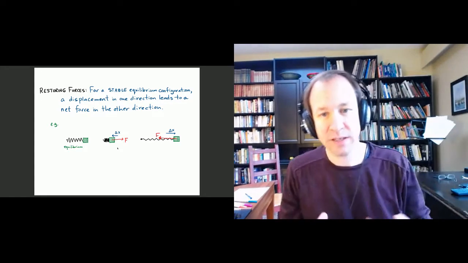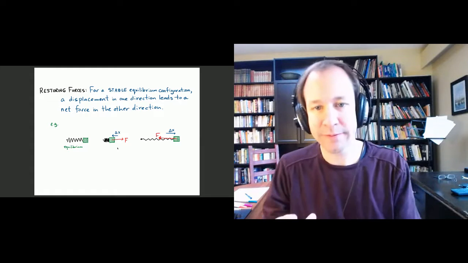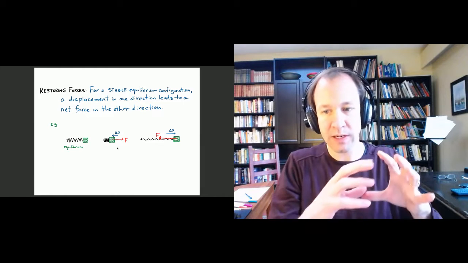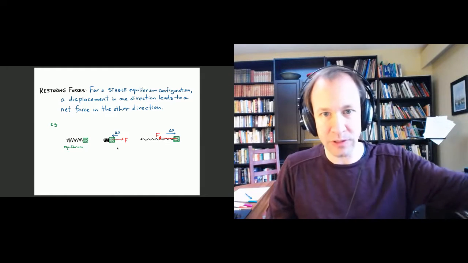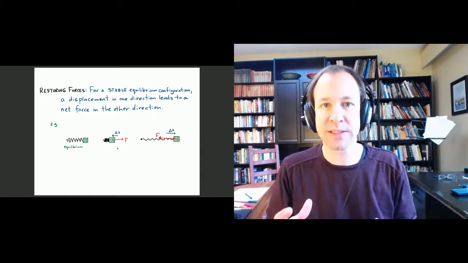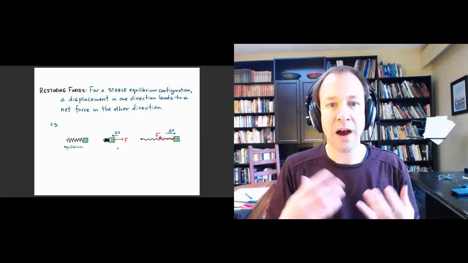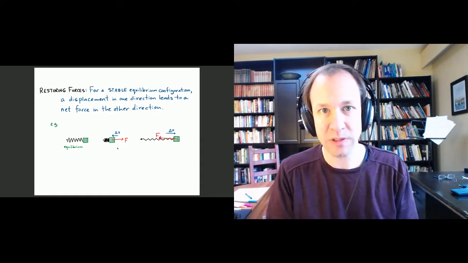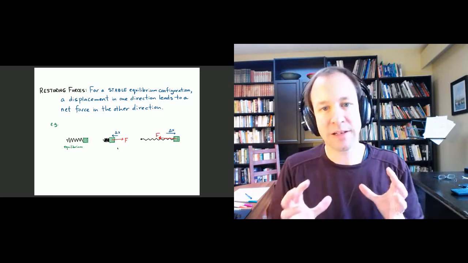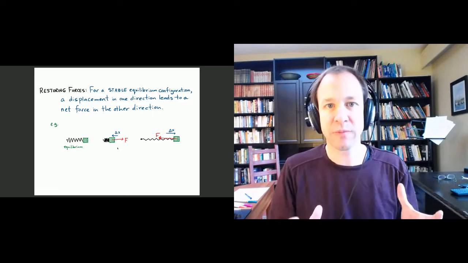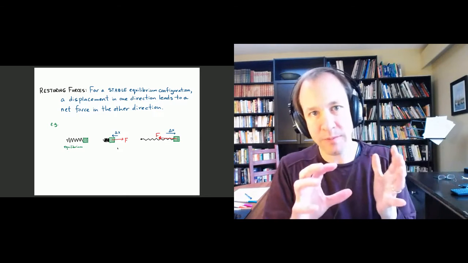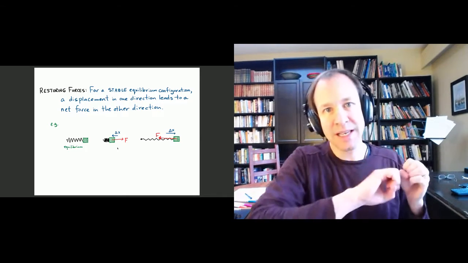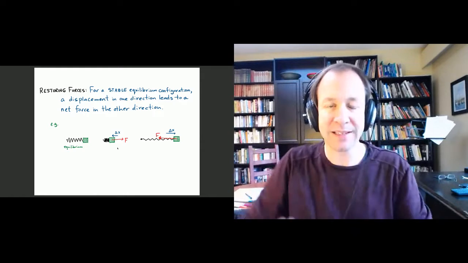And this is a very universal phenomenon whenever we have situations where an object is in equilibrium. And most equilibrium situations that we experience are this case of stable equilibrium. The other case, unstable equilibrium, basically means that if you perturb it, if you change it a little bit, then there's a force that takes you away from that situation.